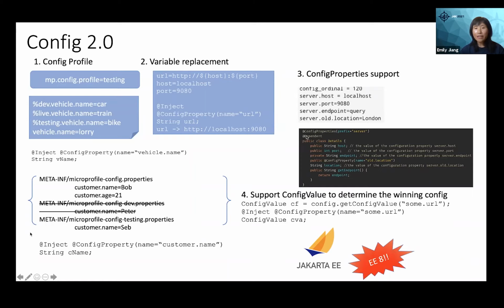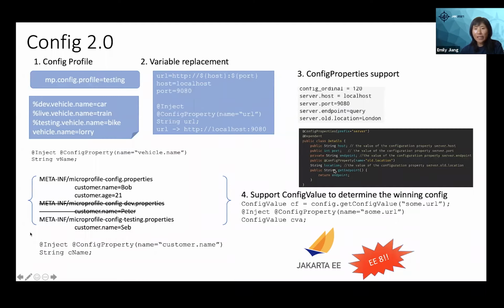So we introduced config properties, and you can directly inject all the different properties into the fields. You can specify the prefix. In this one, you say server as the prefix, so the first field is host. server.host is directly injected into this variable, and server.port is directly injected into the port variable.